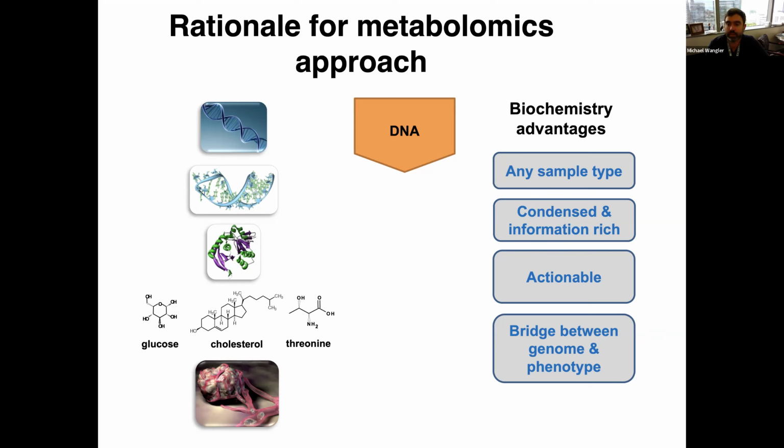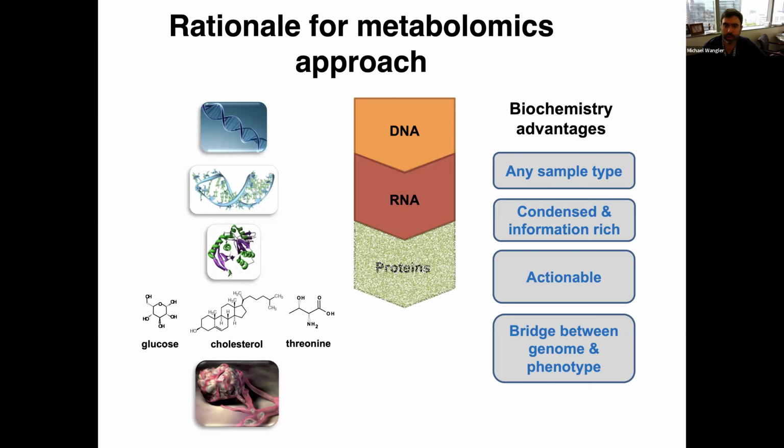The other advantage is that we can look at many different sample types and across many different compounds, so it's a very information-rich approach. And it may be actionable more so than a lot of other genetic changes. We may find particular compounds that we could add or take back that may actually help a medical condition.